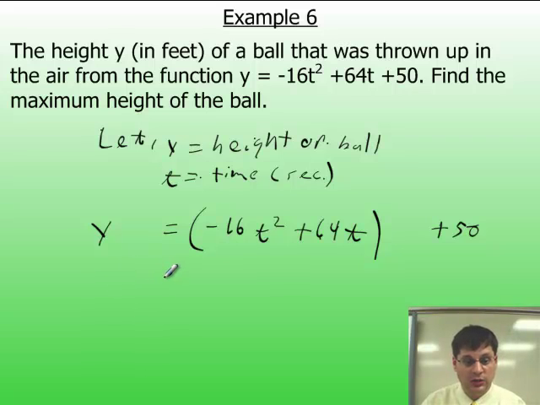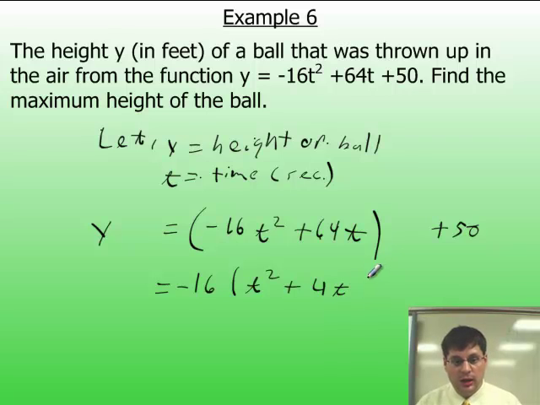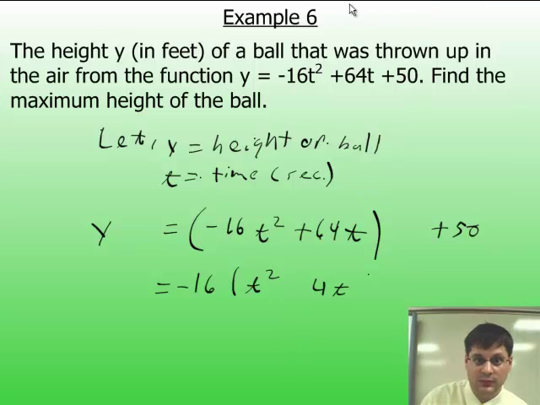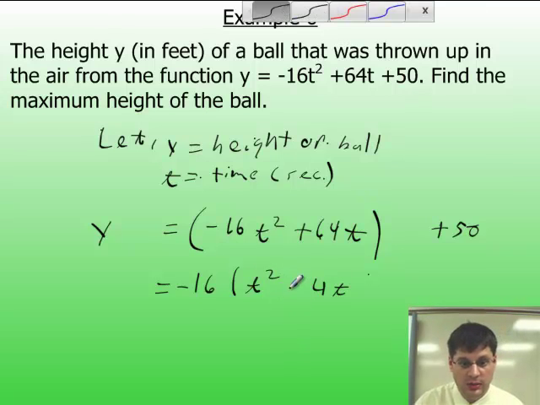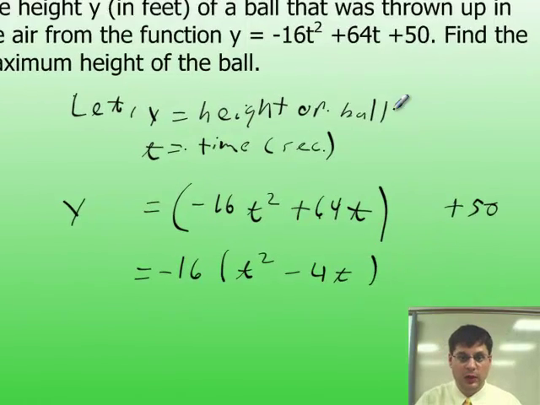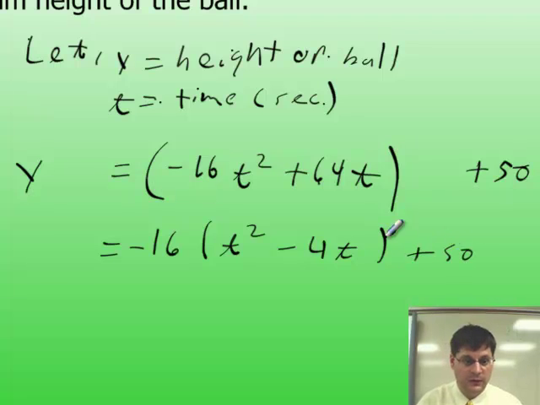So I'm going to factor out a negative 16. So that's going to leave me with t squared, except that's going to be a minus 4t since we factored out a negative 16, like so. And then we'll have a plus 50.